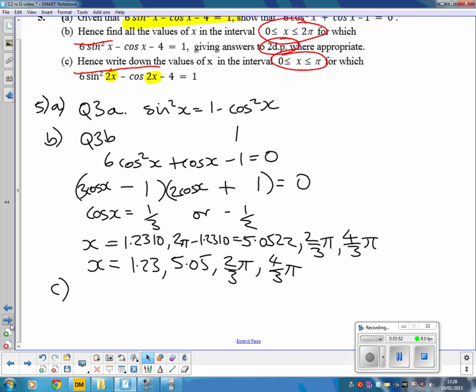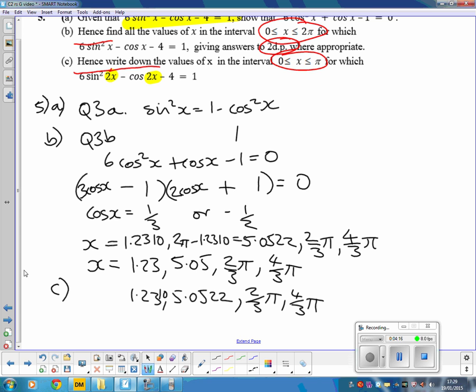Now that helps me because I know from part B, when you solve the equation with x in it, I've got the answers 1.23, 5.05. In fact, I'm going to be more accurate and use the ones that I had in my line of working: 2/3 pi, 4/3 pi.